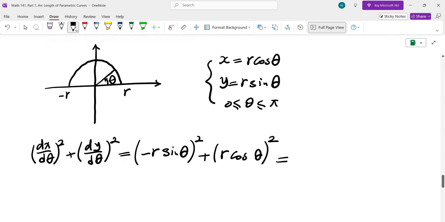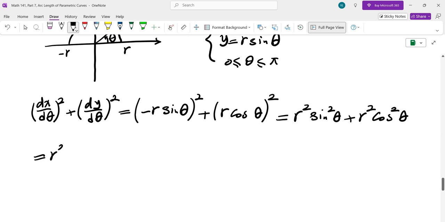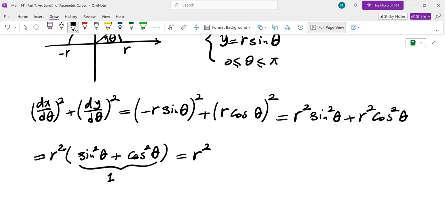Now we can expand this. We get r² sin² plus r² cos². We can factor r², and we get sin²θ plus cos²θ. This is 1, so this is going to be r².